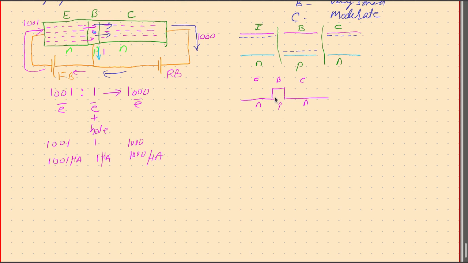That's the situation, and at room temperature, some electron hole pairs are generated. Because of the pentavalent impurity added, a large number of electrons are generated here, a large number of electrons are generated here.